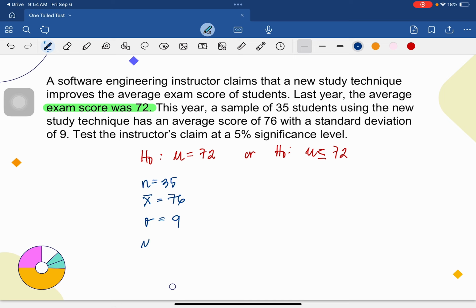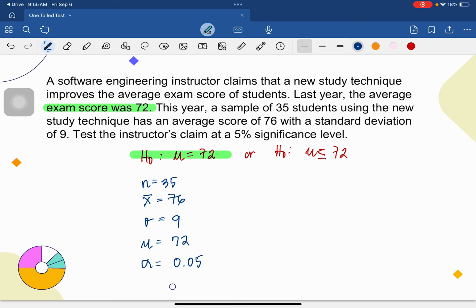You can say that mu is 72. The population mean is also the mean that falls under the null hypothesis. You can see it from here. There you go. And then there's a given alpha for a significance level, which is 0.05.